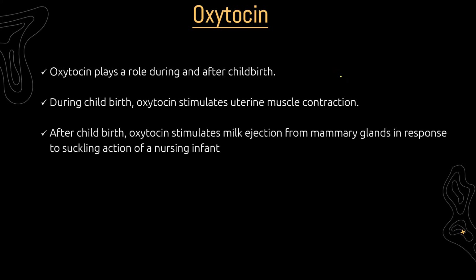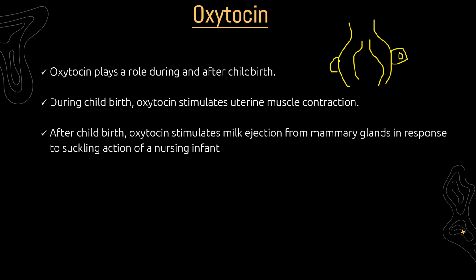During childbirth, what happens? You all commonly know that during the labor time, during delivery, the uterus muscles and the vaginal muscles are extremely smooth muscles. On the uterus cavity also, there is a receptor for oxytocin on the uterus muscle.